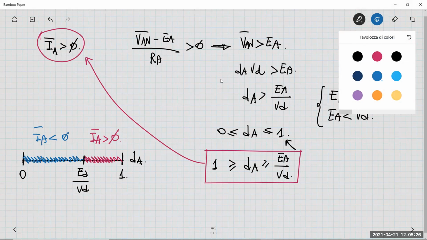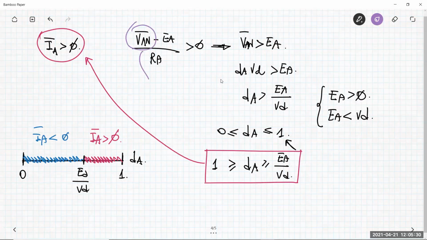By the way, remember that VAN, which is exactly DA multiplied by VD, cannot be negative, because DA is from 0 to 1 and VD is positive, so VAN average value ranges from 0 to VD.